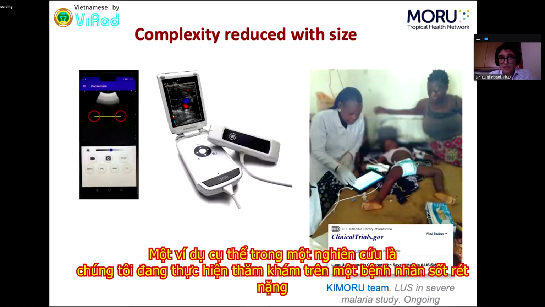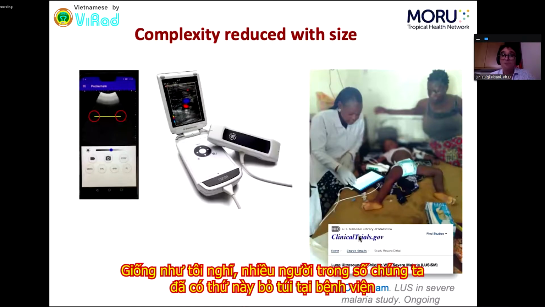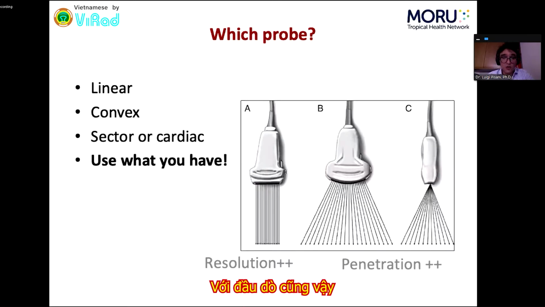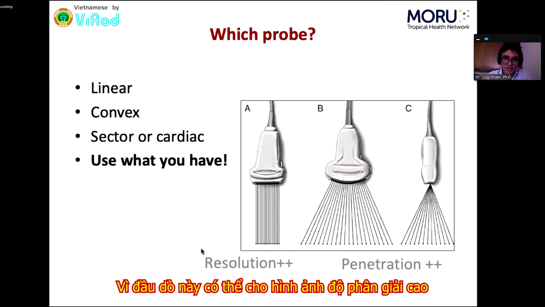For example, in a study we are now conducting in severe malaria, we are also using handheld machines, like I think many of you have in your pockets in the hospital. And on the probe, we can use a linear probe for pneumothorax because it has a high resolution.